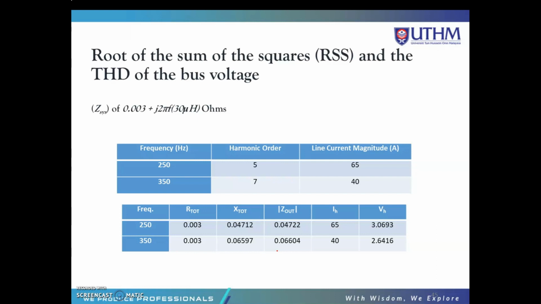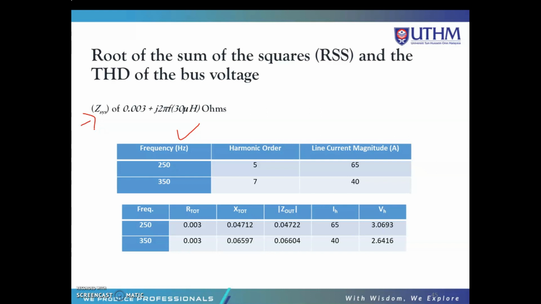This is an example of the values for the harmonics: harmonic order and frequency. The impedance of the system is 0.003 plus j2 pi f times 30 microhenry ohms.